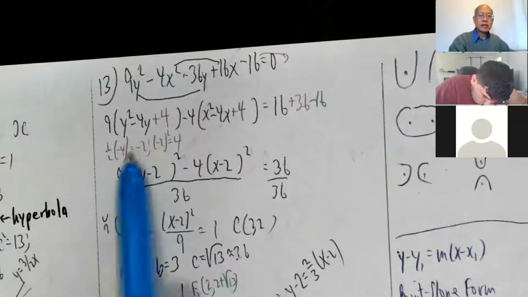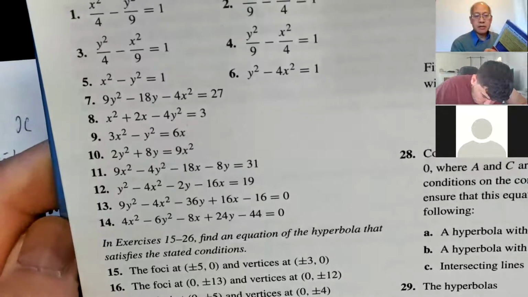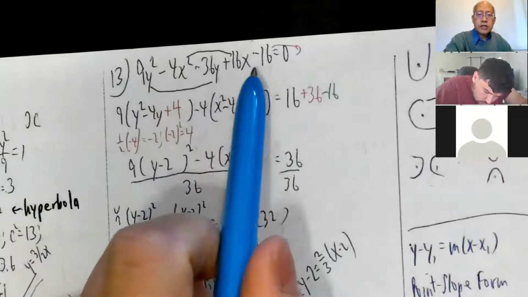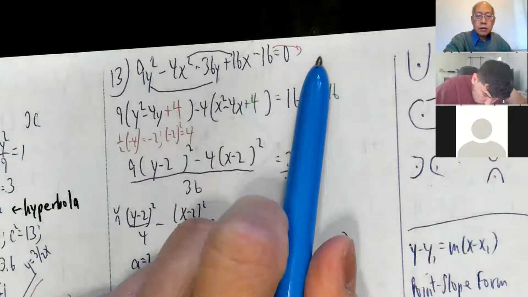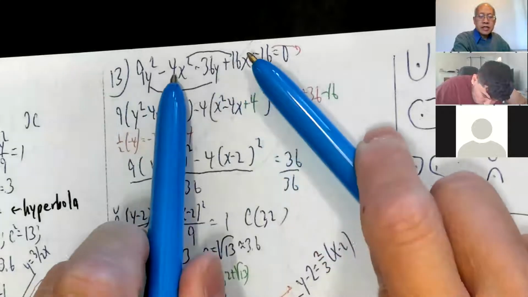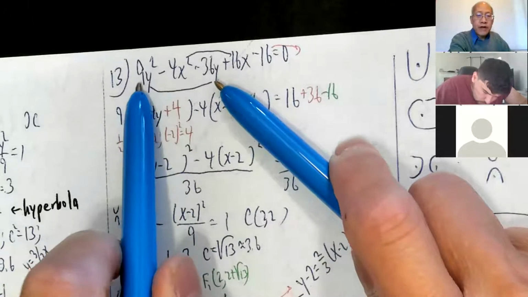Okay, so how do I complete the square? So I'll show you 13. And the others are going to be like it, 7, 9, 11, and so on, hopefully. Okay, move the 16 over. Put the y's together, the x's together, and factor out. So I factor out a 9.